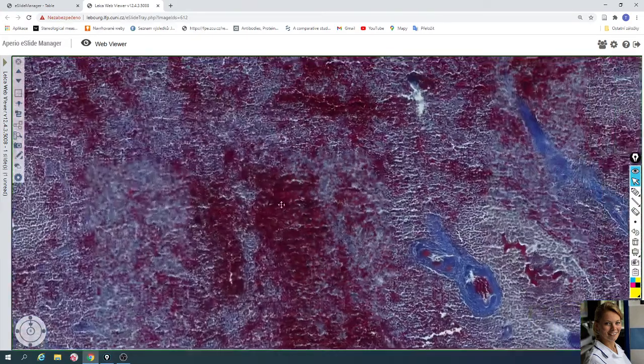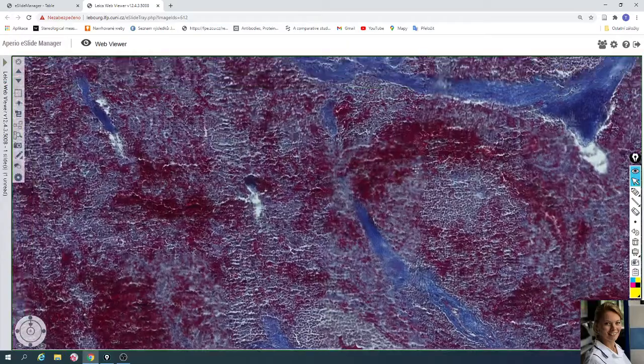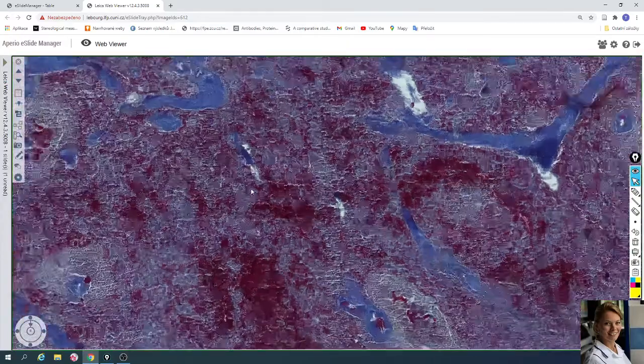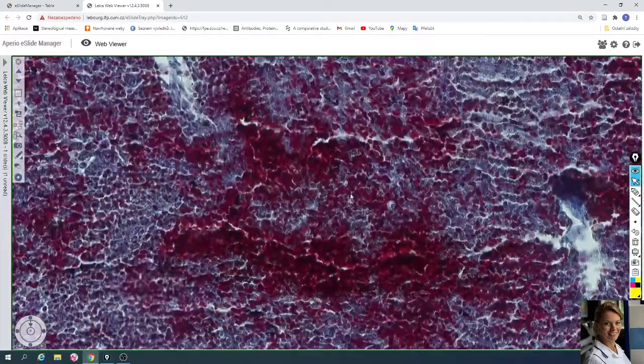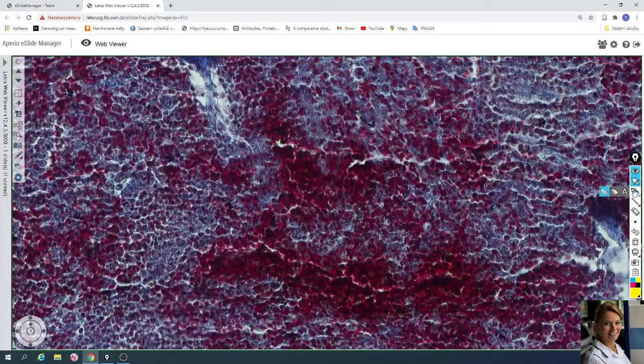So in the red pulp you can recognize venous sinuses full of erythrocytes.